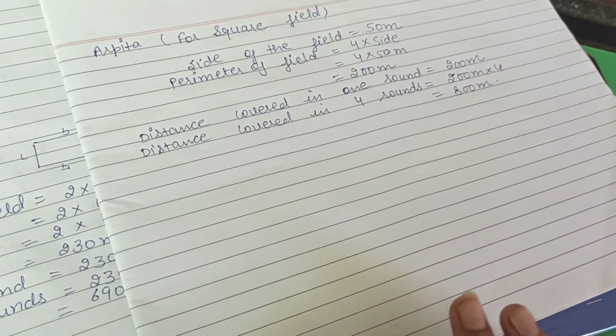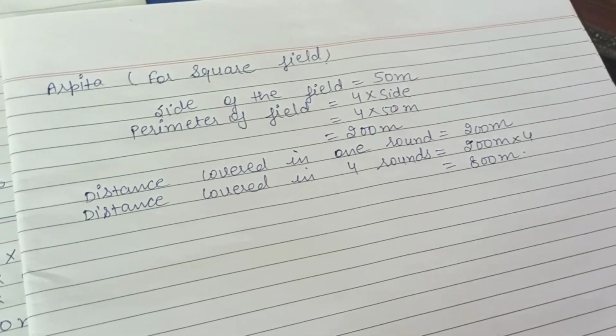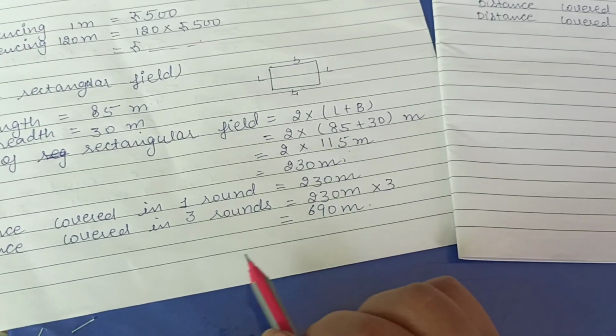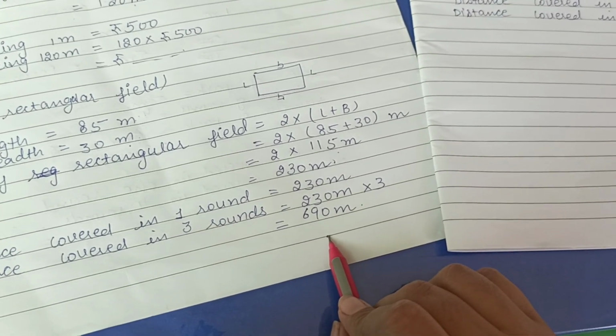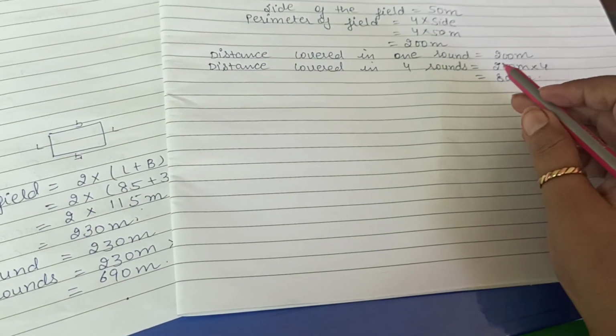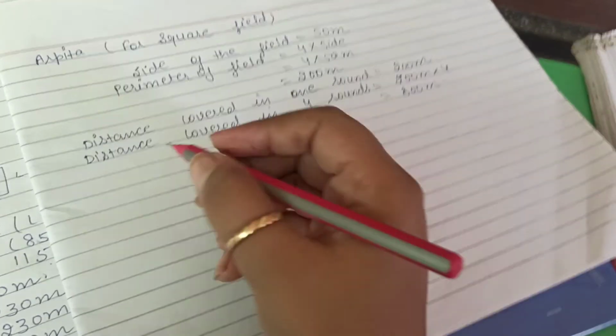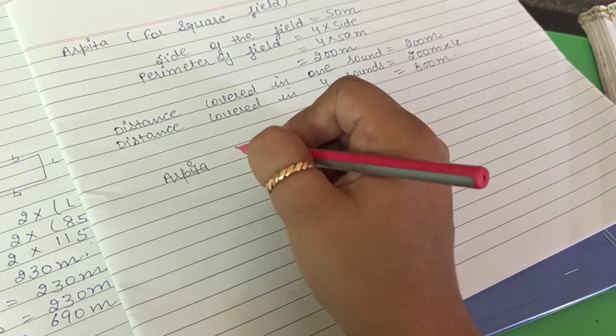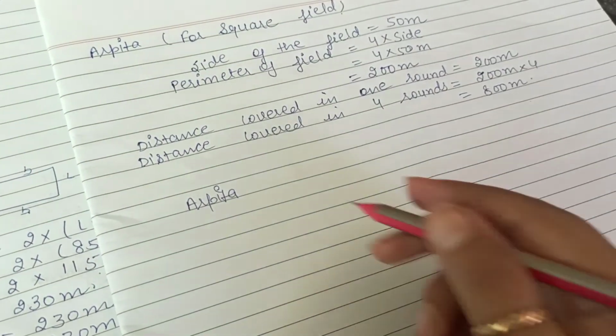So after this, the question is who will run more? So see, Mohan ran 690 meter and Arpita ran 800 meter. So what will you write here? Arpita runs more.